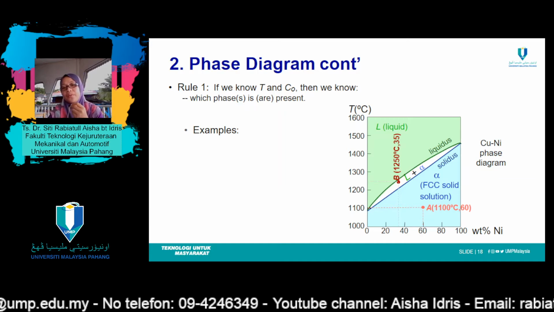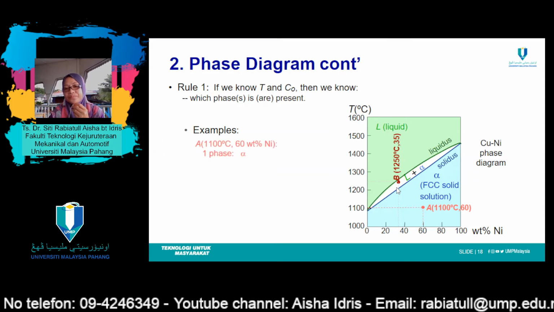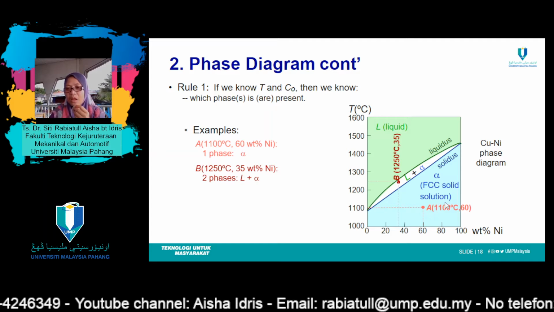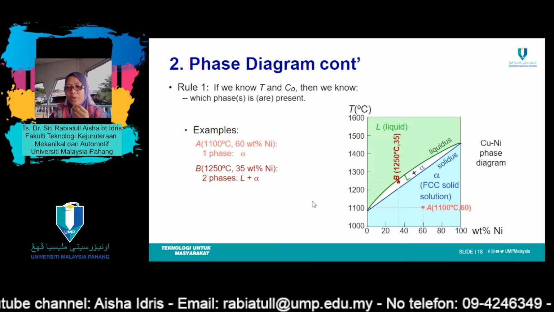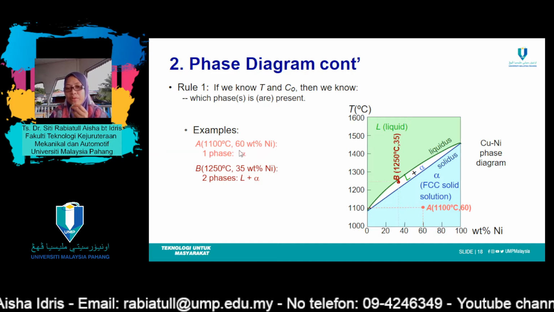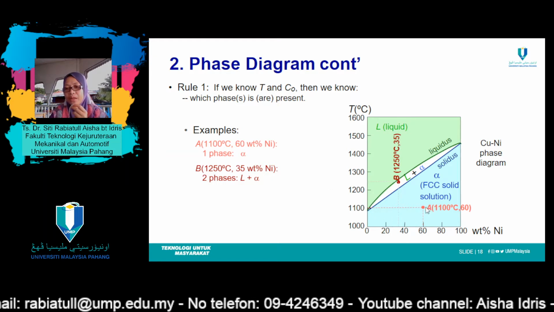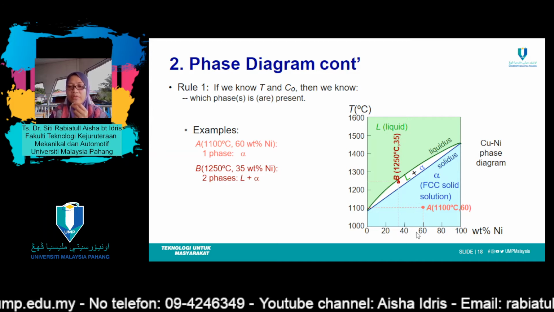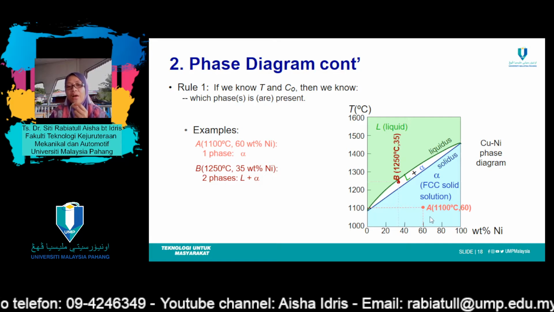For example, if we know the temperature is 1100 with C naught equal to 60% of nickel, then we know that it is at point A. So this one falls under the solid phase, which is the alpha phase.